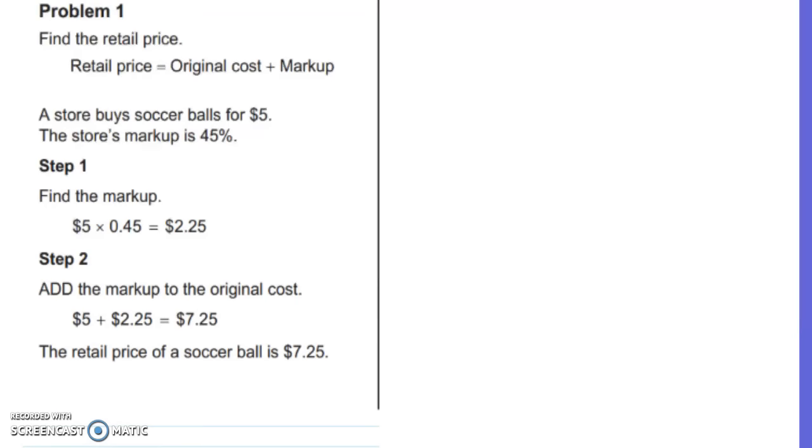Okay, it says problem number 1, find the retail price. A store buys soccer balls for $5. The markup is 45%. This shows you using decimals. I'm going to show you the percent proportion. Well, remember, every percentage is out of 100. So first thing I'm going to do is I'm going to write 45 over 100.